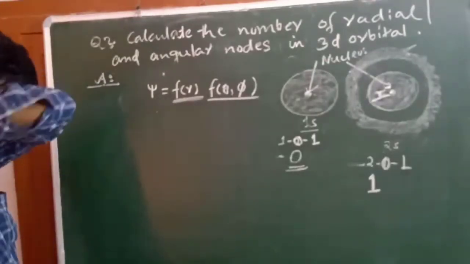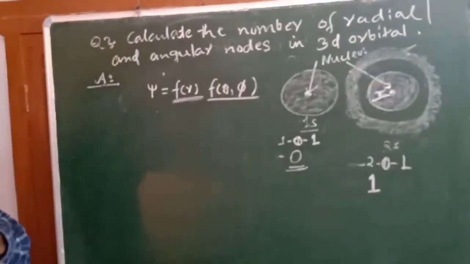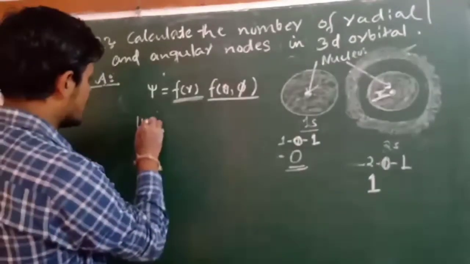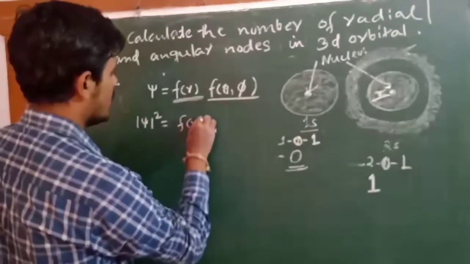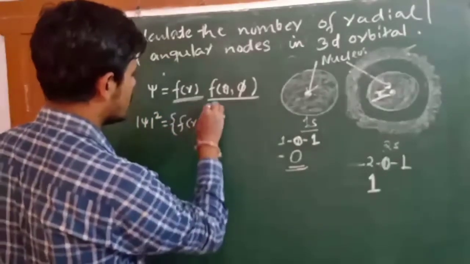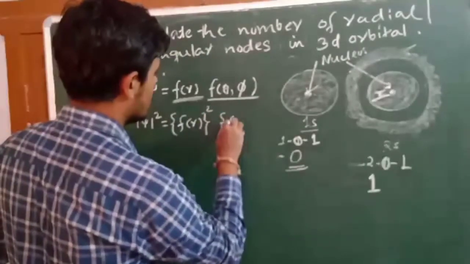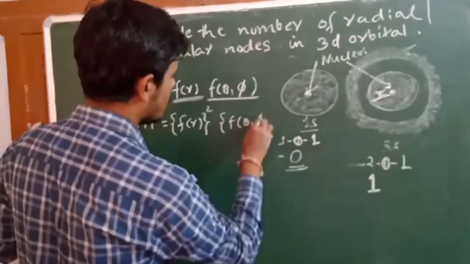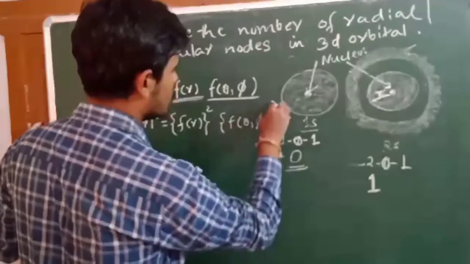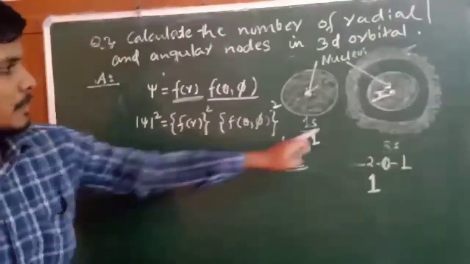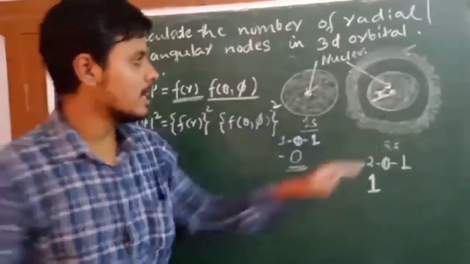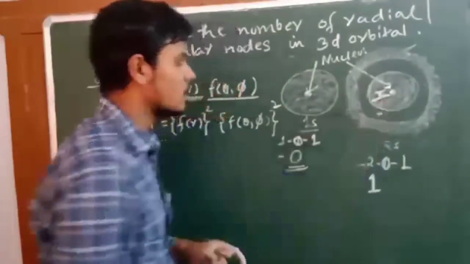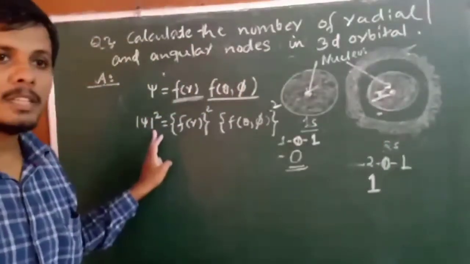Now, if I take psi square, I get f of r whole square times f of theta comma phi whole square. So if I take any point in this radial node, psi square is 0.